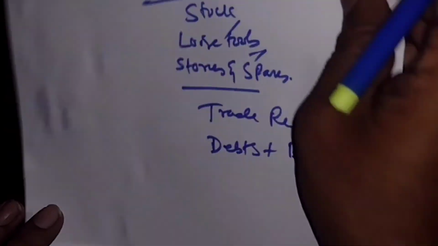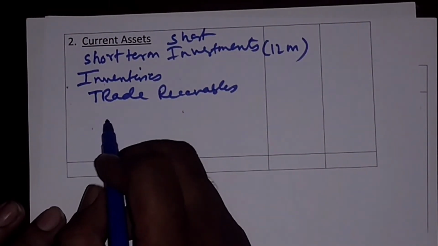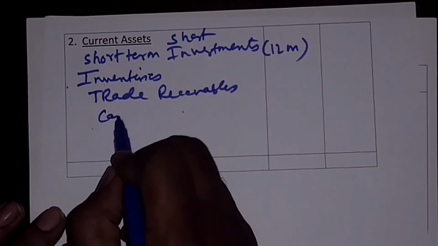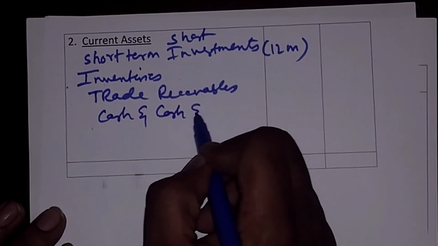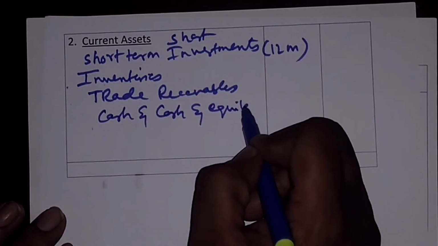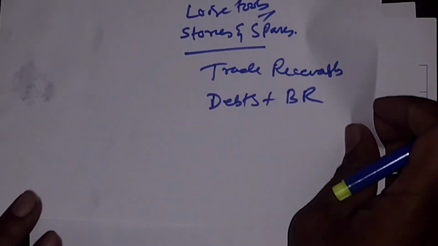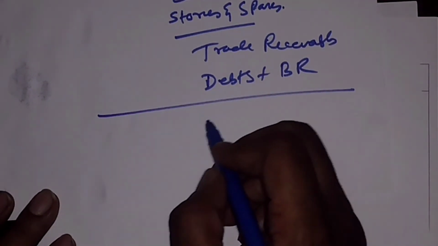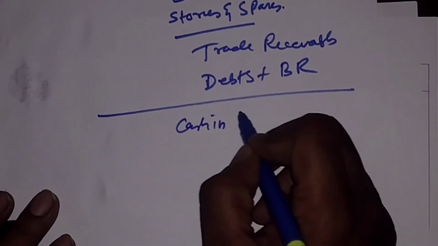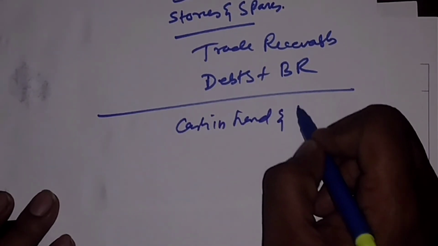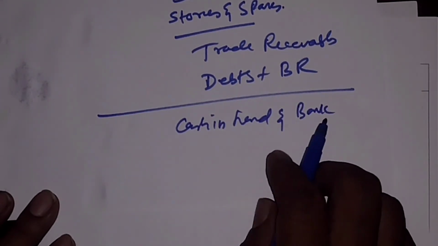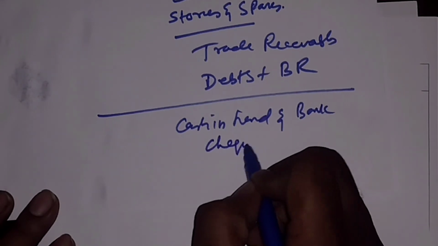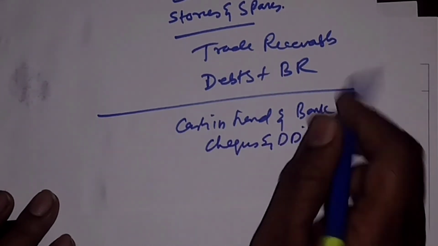After trade receivables, we have cash and cash equivalents. This includes cash in hand, cash at bank, and other cheques and DDs, demand drafts.